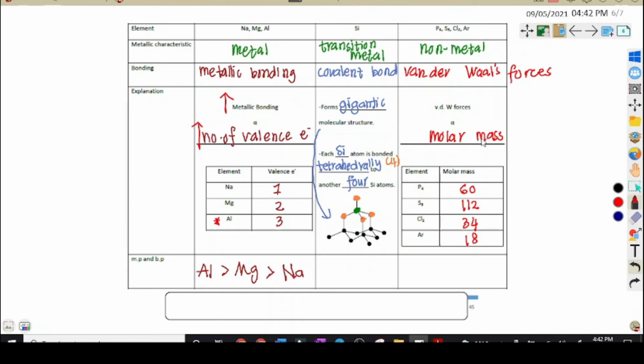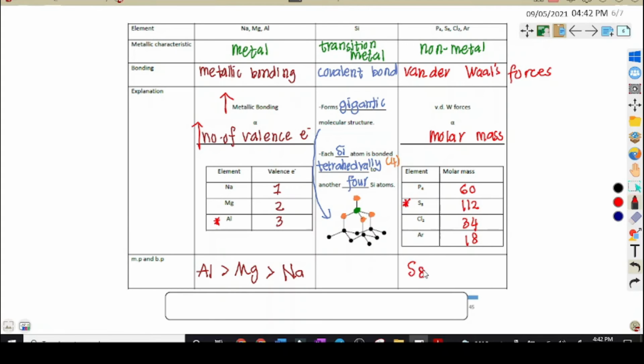Now we are going to arrange these van der Waals forces of the non-metals according to the melting point and boiling point. Which molar mass is the highest for these non-metal elements? That would be S8.